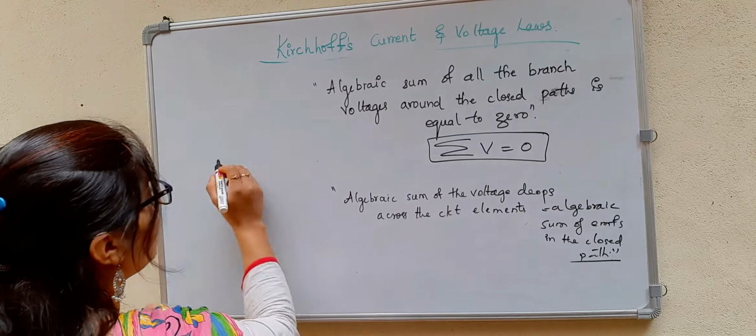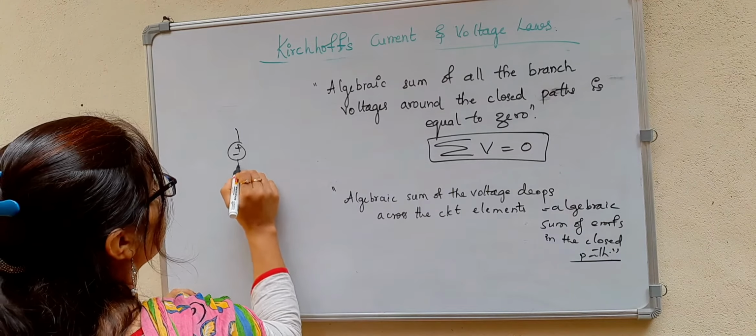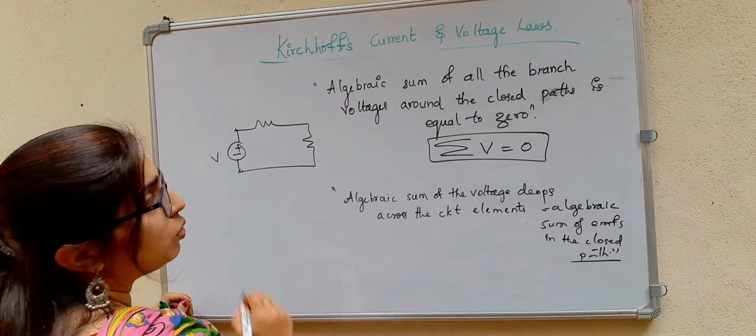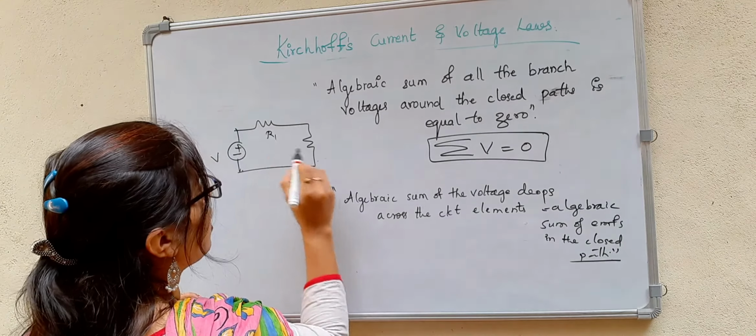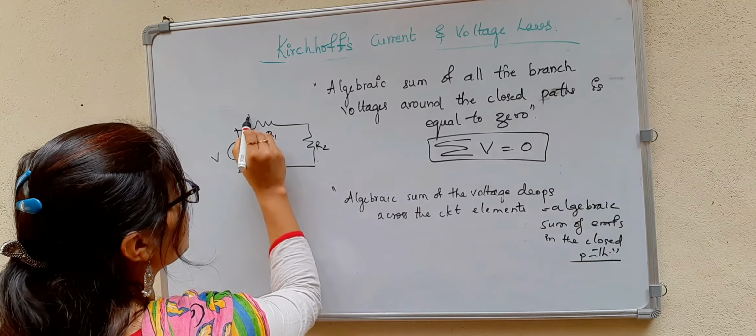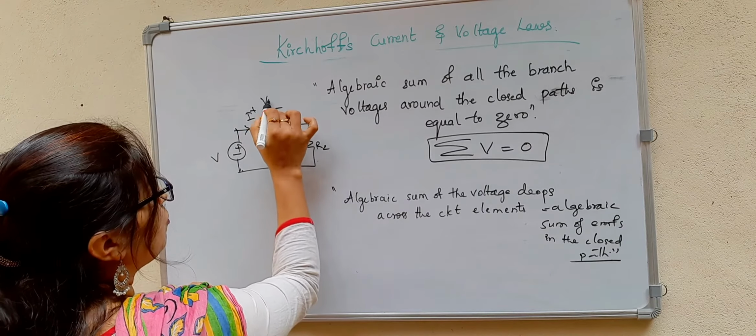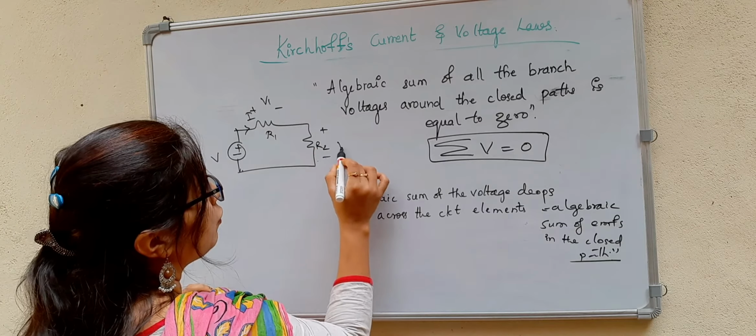For example, if I have a circuit like this, this is the voltage V. We have resistors R1 and R2, and the current flowing will be I. Here we will have V1 and V2 across them.